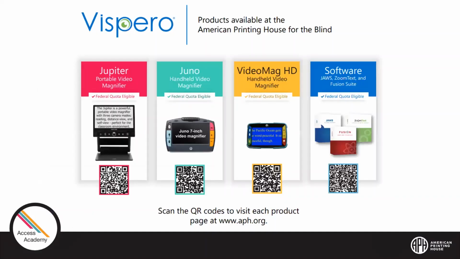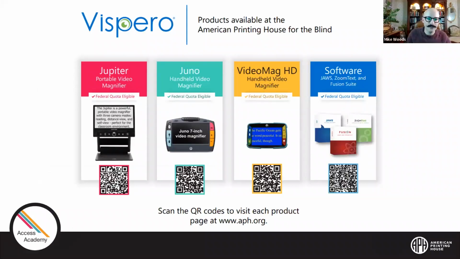All right, we've got one final page about some of our Vispero products at APH. So this page is just showing you the different products that we work with APH to develop. So there's QR codes that will bring you directly to the product page. There's the Jupiter portable video magnifier, the Juno, a handheld video magnifier with speech, the VideoMag HD, which is a portable handheld video magnifier, and then our software suite.